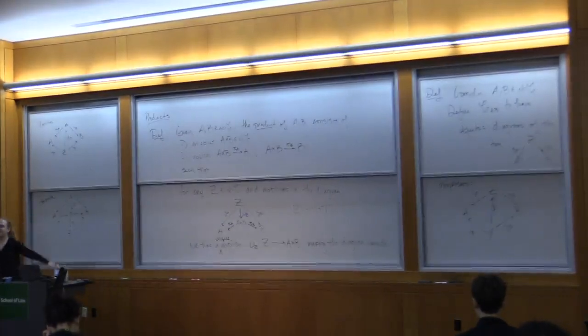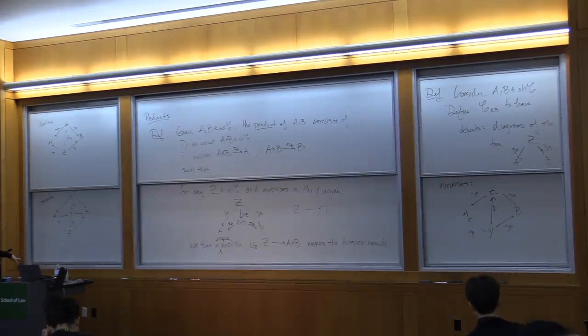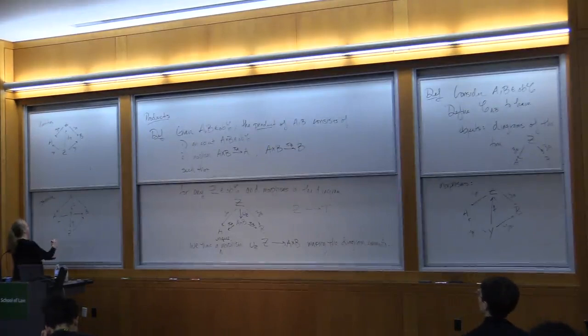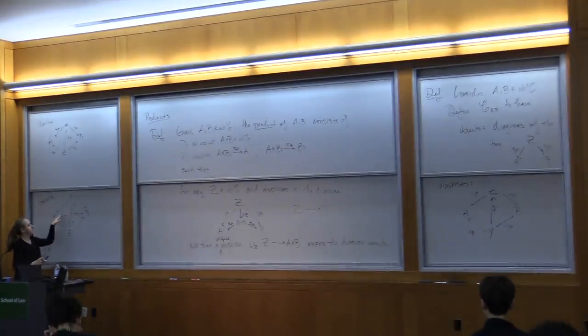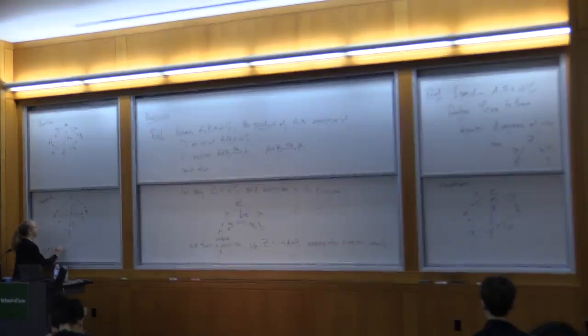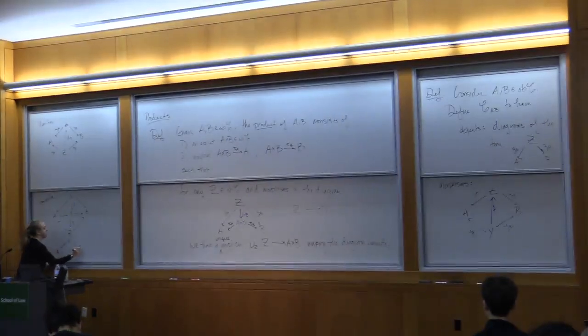So say we have two morphisms, F and G. Now I need the composition, so the composition should take a morphism from this object to this object, and a morphism from this object to this object, to a morphism from this object to this object. Let me draw the outline first.